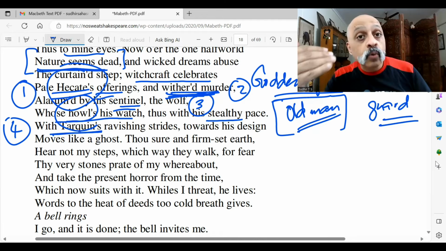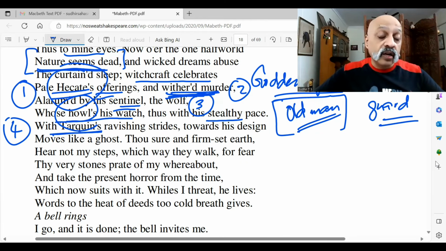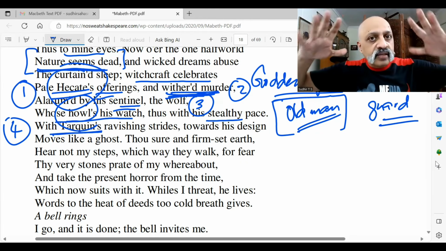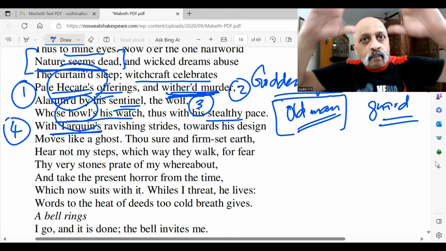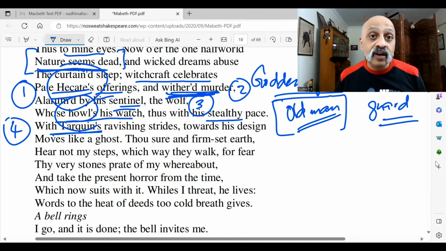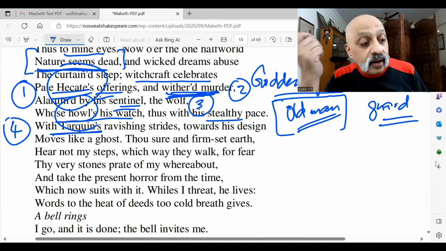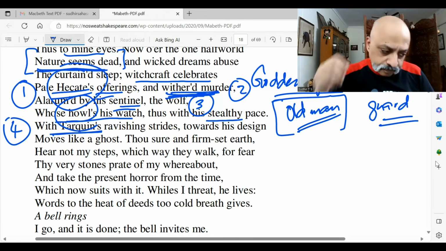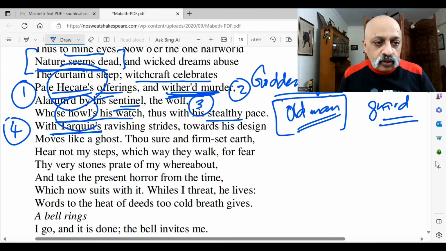And Macbeth is now comparing himself to Tarquin, which shows that Macbeth ke subconscious mind maybe he has completely fallen down, in which he's comparing himself to someone as evil as Tarquin, and calling it ravishing strides, you know, as in very lustful kind of moves, because he's also lusting after Duncan's throne and crown and is preparing to kill a virtuous person. So these are the 4 evil characters that he is speaking about.